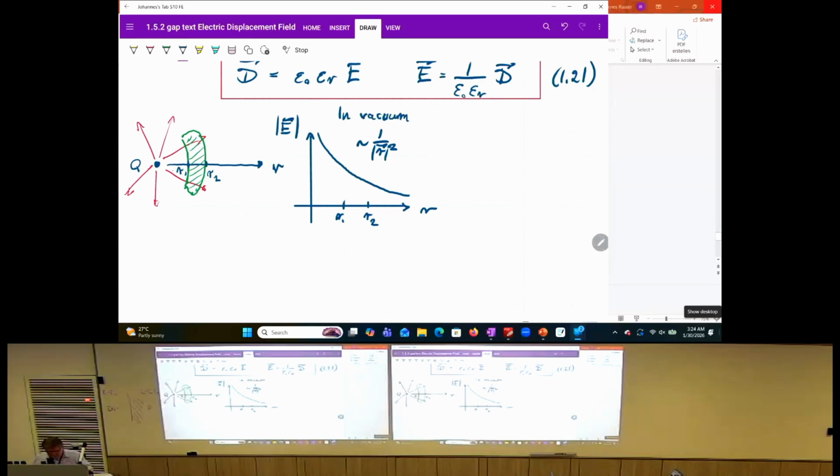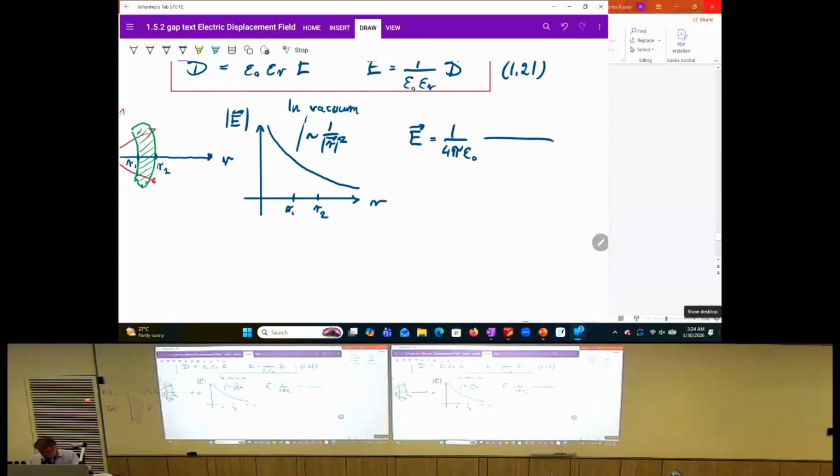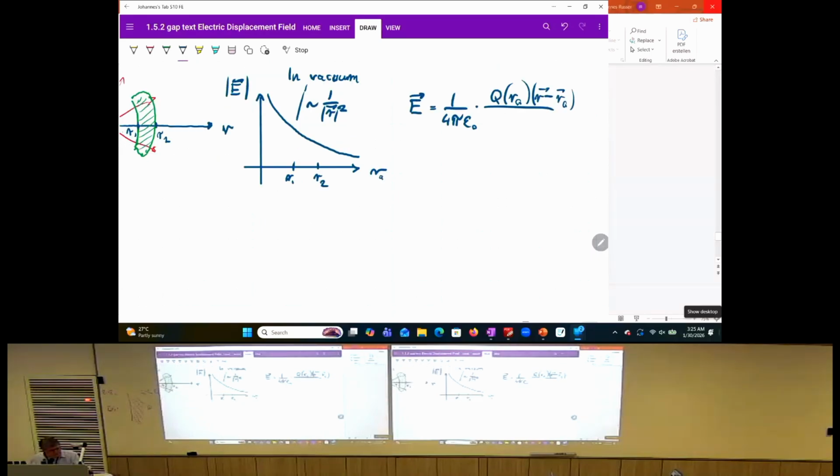Yeah, you're in vacuum. This is this blue line here, because the electric field is 1 over 4 pi epsilon naught, that is the permittivity of vacuum, times our charge that we have put there at the origin, and we observe it at the position R. The origin is our reference here.